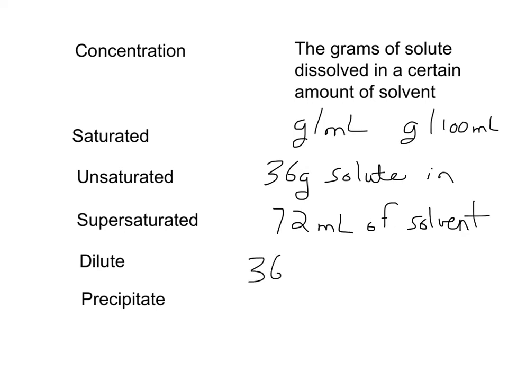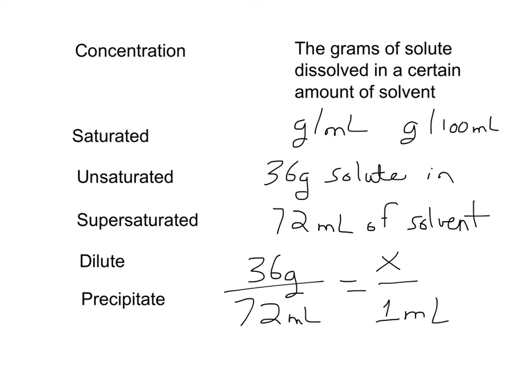I know that I've got 36 grams dissolved in 72 milliliters, and I want to know how many grams would dissolve in 1 milliliter. Now I cross multiply. When I do that, I get 1 times 36 equals 72x. So I divide both sides by 72, and 36 divided by 72 is 0.5. So 0.5 grams per milliliter.